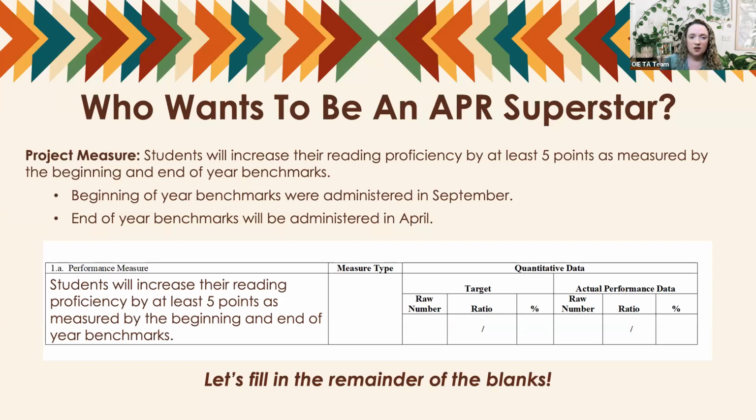So students are going to increase their reading proficiency by at least 5 points as measured by the beginning and end of year benchmarks. So this is our one from earlier. They take them in September and April. So what will go in each of those boxes?